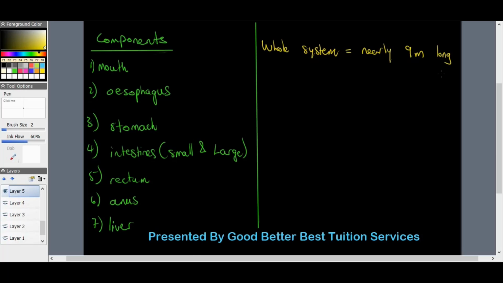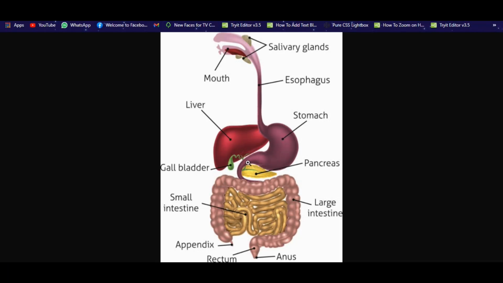But if we look at the digestive system, for example the small intestine, we can see that it does not exist in our bodies as a straight line. It is folded up. If we were to gut somebody down the abdominals and take it all out, it would be approximately 9 meters long.